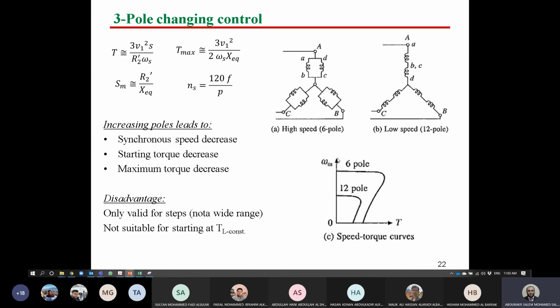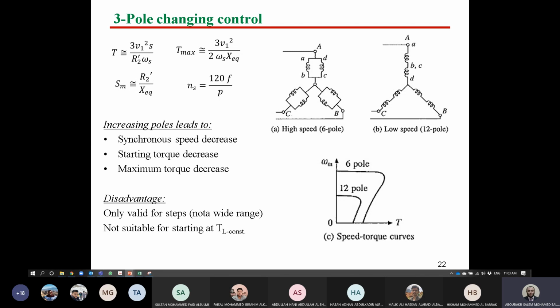Okay. So as you can see, Shabab, if we consider the maximum torque, S maximum and N, what is the relation with number of poles? In T maximum, we have omega S in the denominator. So we have number of poles in the denominator.